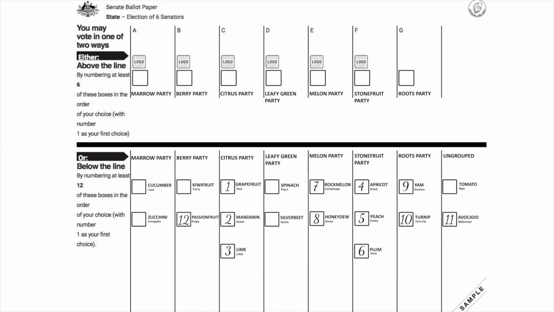And with that, I have completed filling out the minimum that I need to do for the Senate voting paper. As I spoke about last video, I hate vegetables, especially leafy greens. They are the worst. And if you look at the Senate ticket here, we've got spinach and silver beet.